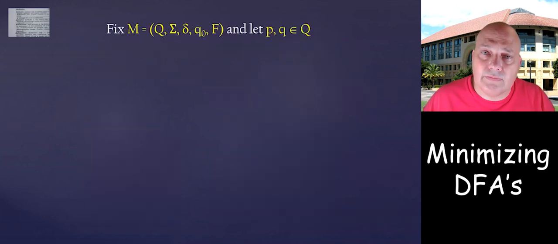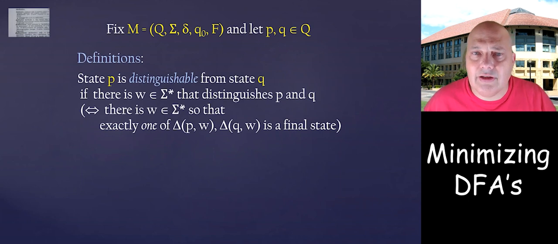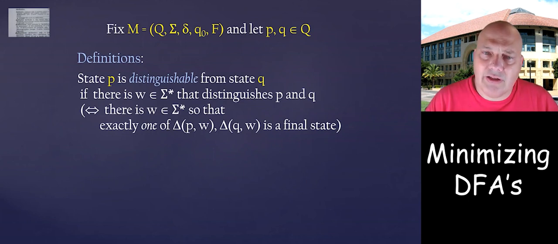Now let's look at an automata M and two states P and Q. We define that the state P is distinguishable from Q if there exists some W that distinguishes P from Q. There is some W such that delta PW and delta QW operate differently.